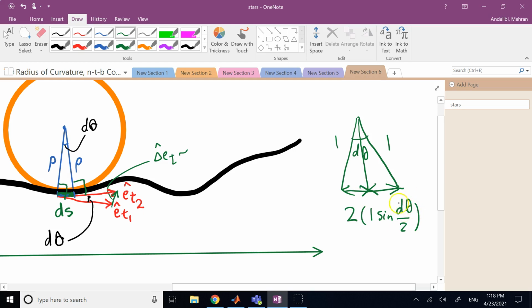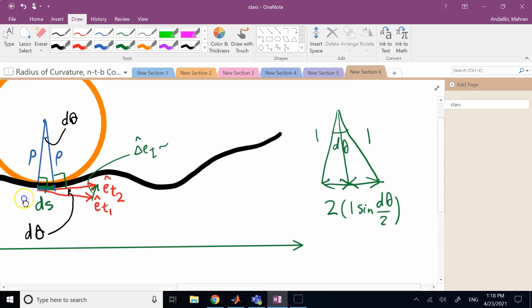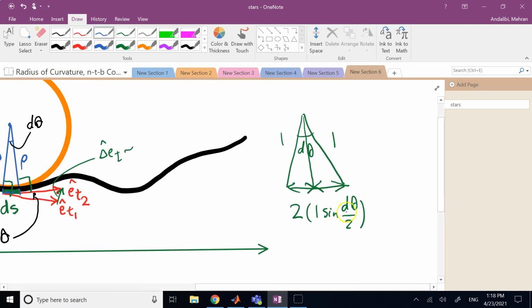And when d theta is a very small angle, sine of d theta and d theta are the same thing. Correct? They will converge to the same number. So if, instead of sine d theta over 2, I use d theta over 2, in the limit they are equal, then that 2 and this 2 would go away, and you will get what? You will get 1 times d theta.